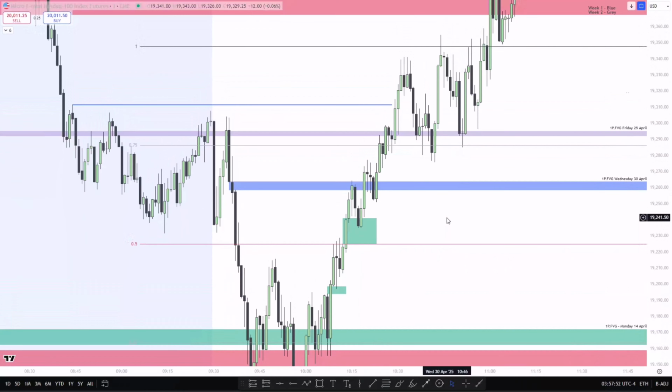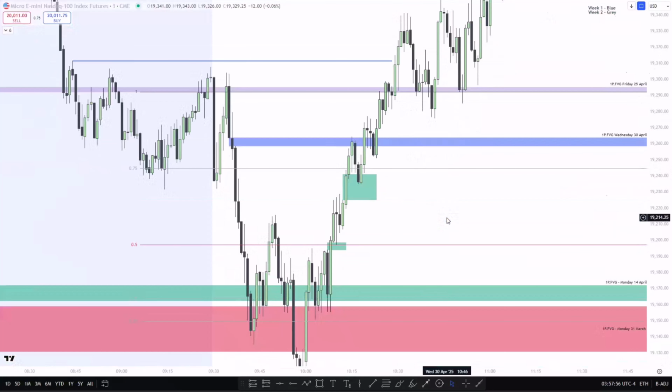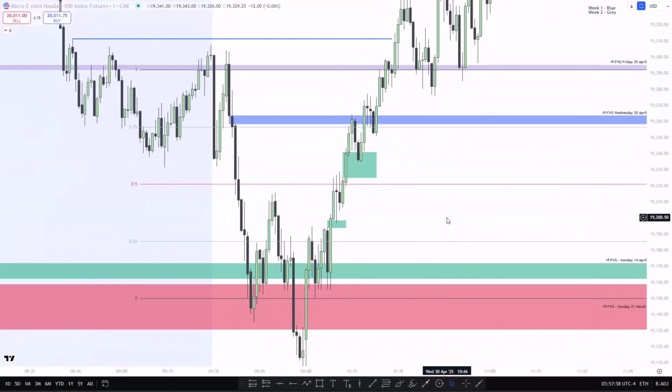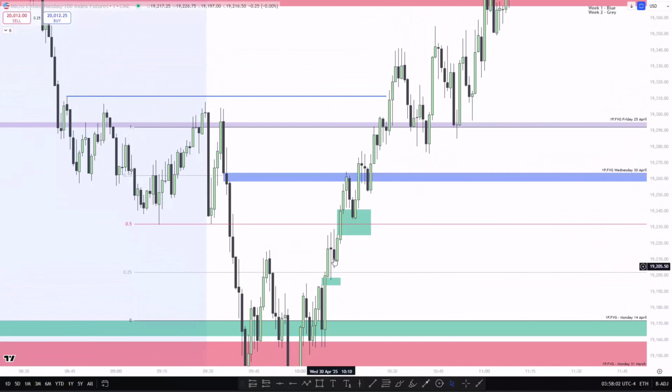Okay, let me just go back a little bit to fix the range that we were working with. All right, so you see this order block forms, then price travels through the third quadrant and up into the last quadrant here. Okay, you see that line, which coincides with the first presented fair value gap.